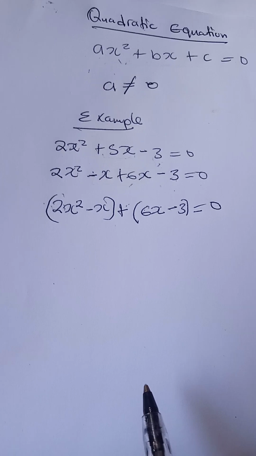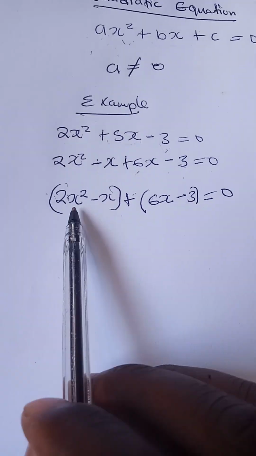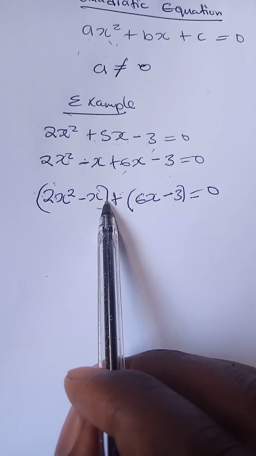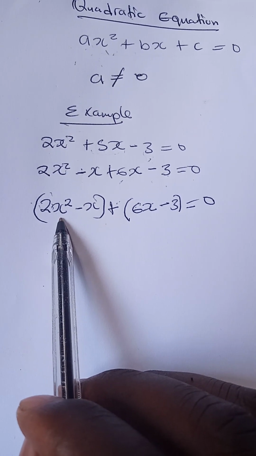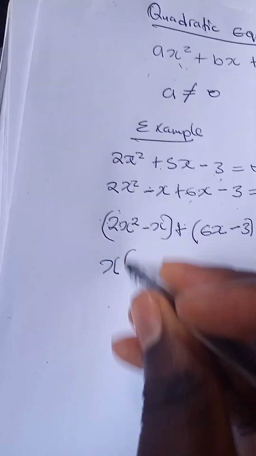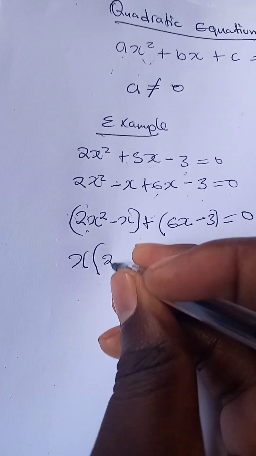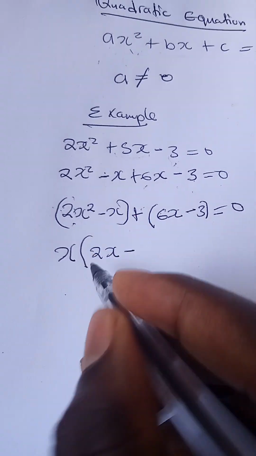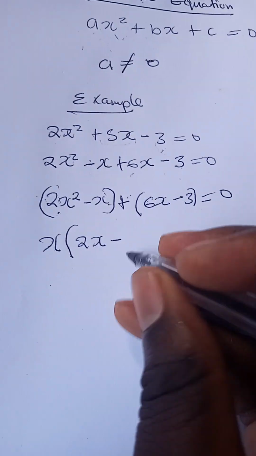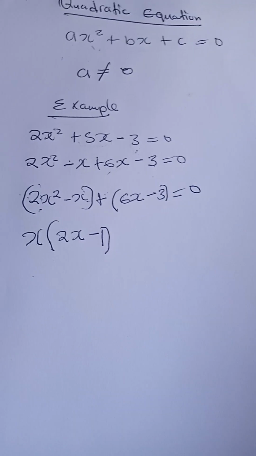Now we have to start factorizing. We check in each bracket what's common. In our first bracket, what's common is x. So if you factor out the x, we're going to have x, open the bracket, x into 2x squared, we are going to have 2x, minus x into x, it's 1. Close brackets like that.